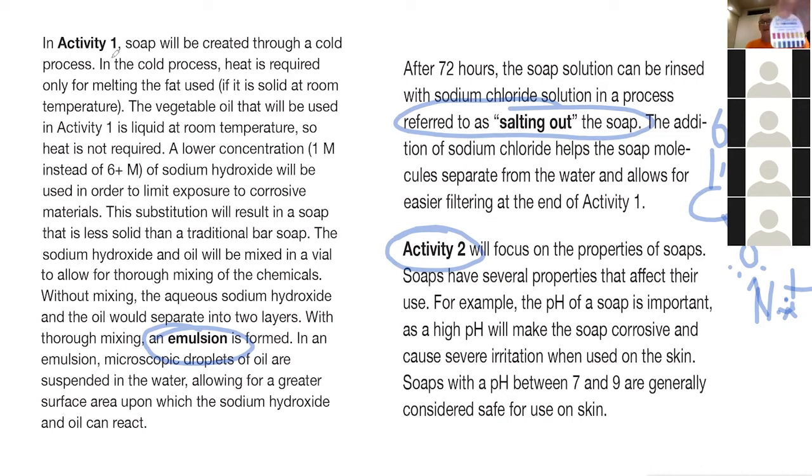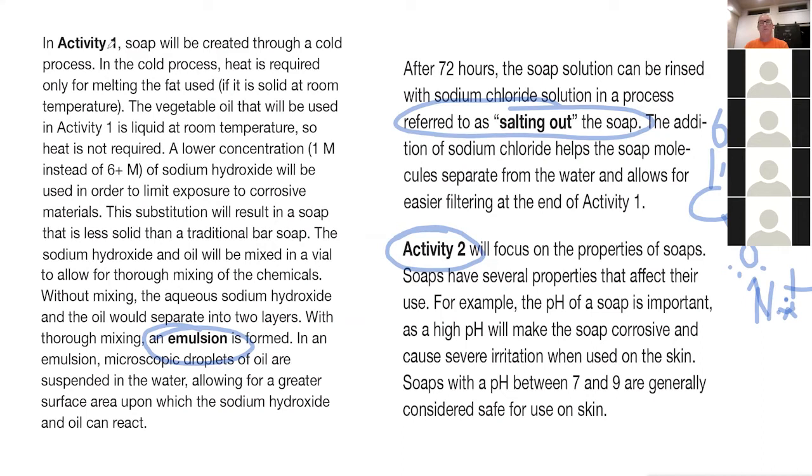The more basic it is, or the stronger the hydroxide concentration, the darker it gets. Neutral will be sort of an olive green, and then it gets darker and darker the more basic it gets. And it should be fairly basic.